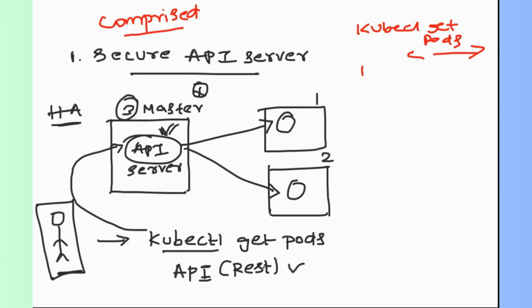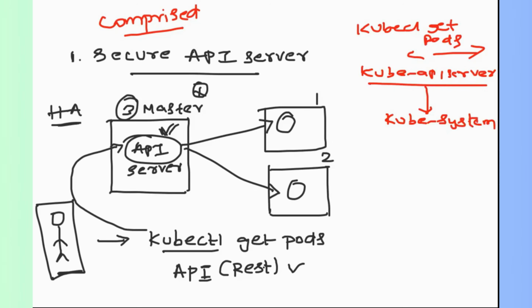The pod name is usually like this, kube-apiserver. By default this pod can be in a namespace like kube-system. Let's say it is in the kube-system namespace. You'll go to the kube-system namespace and find this specific pod called kube-apiserver.